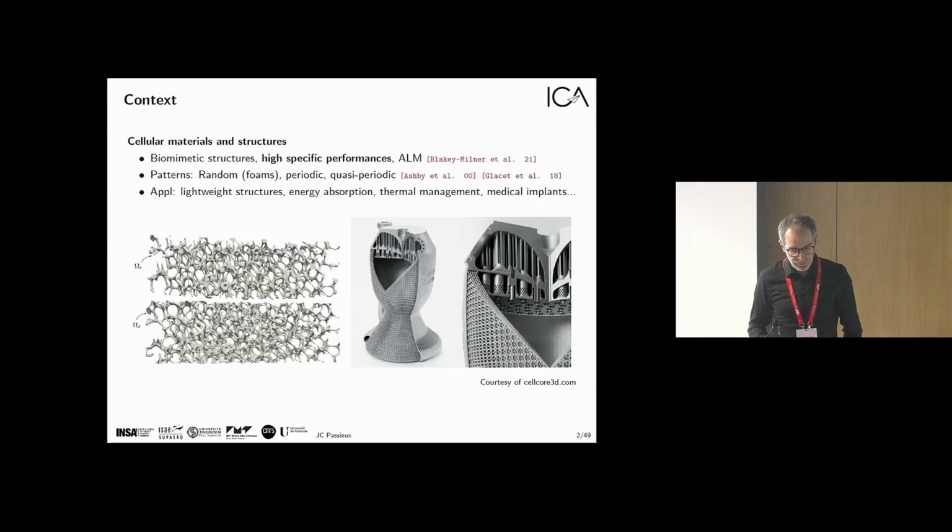There are many applications, among which lightweight structures and energy absorption. They're used in medical implants, and they're also interesting because they have multi-physics properties like thermal management or electrics.